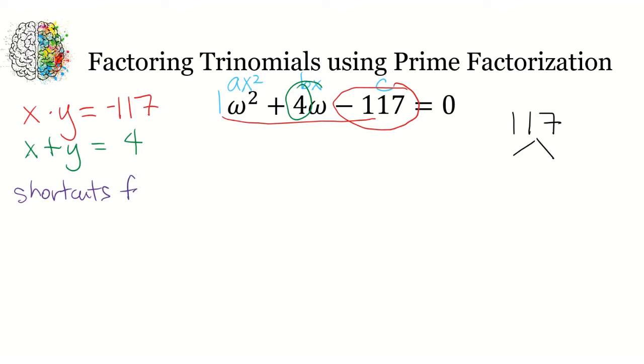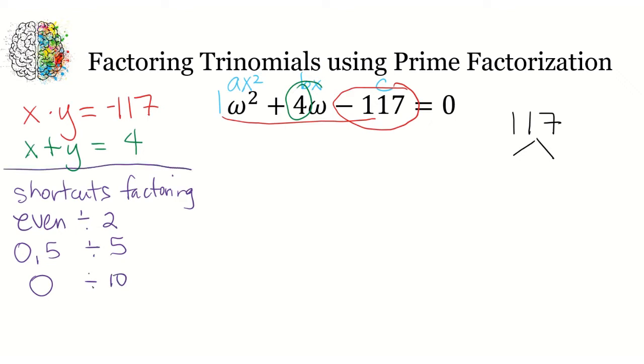And there's a couple of shortcuts for factoring, so I'm going to write those down. Shortcuts for factoring or simplifying. If it is an even number, then that means you can divide by 2. If it ends in a 0 or a 5, that means you can divide by 5. And if it ends in a 0, that means you can divide by 10.